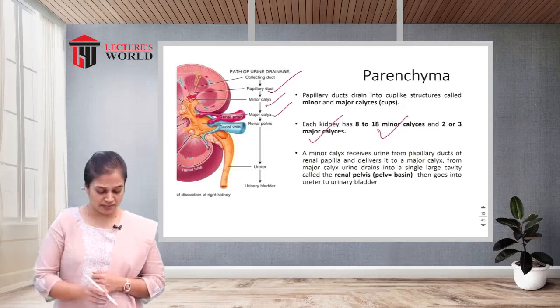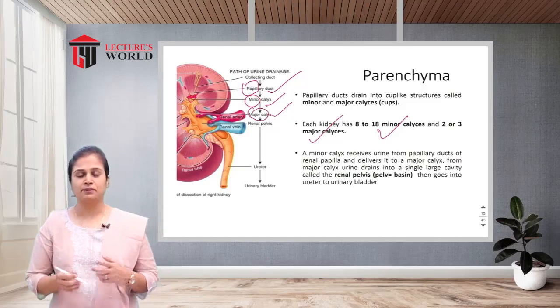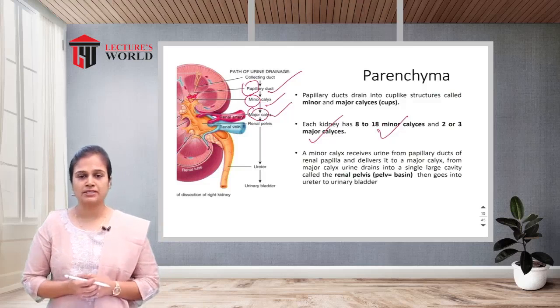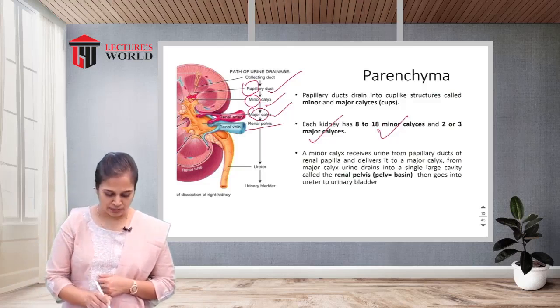Minor calyx receive the urine from the papillary duct, and from the minor calyx it goes into the major calyx. From the major calyx urine drains into the single large cavity of the kidney, the renal pelvis.